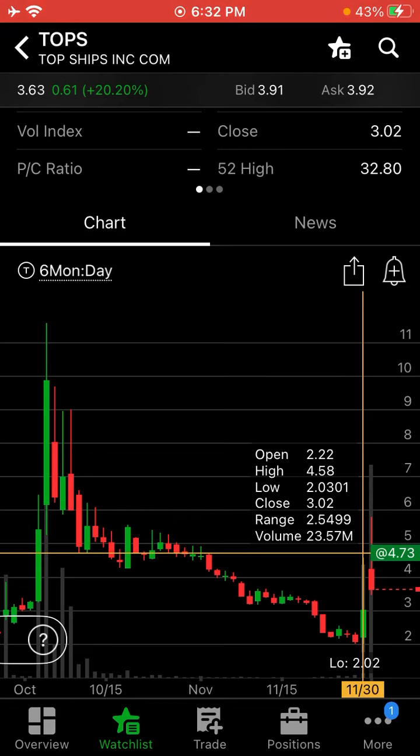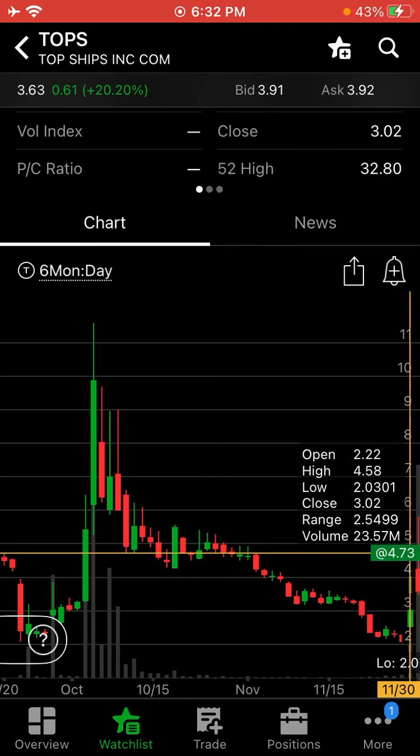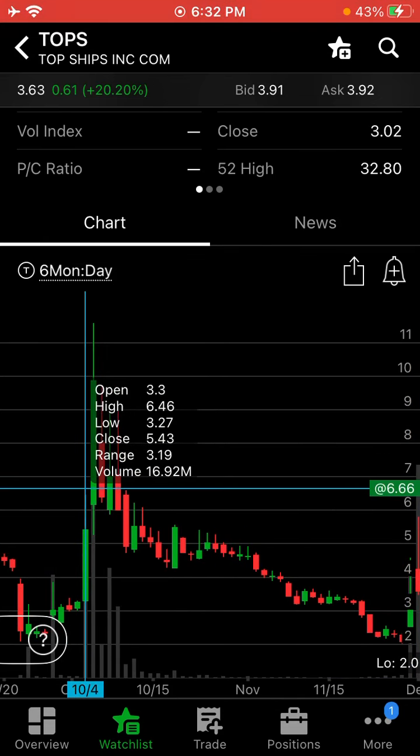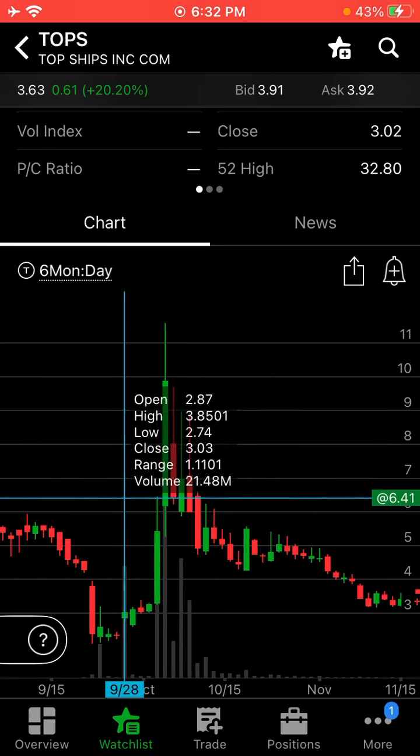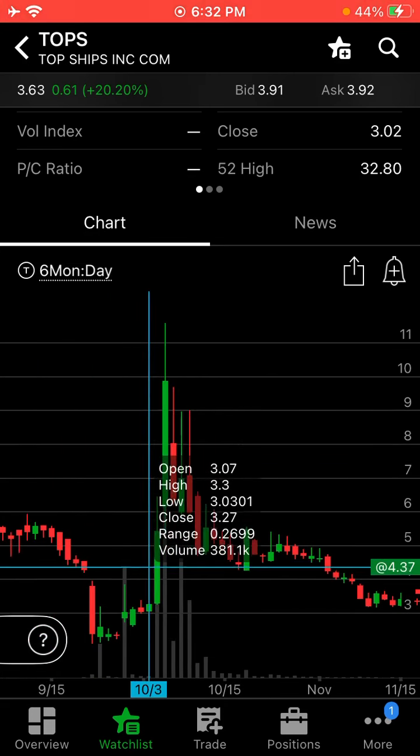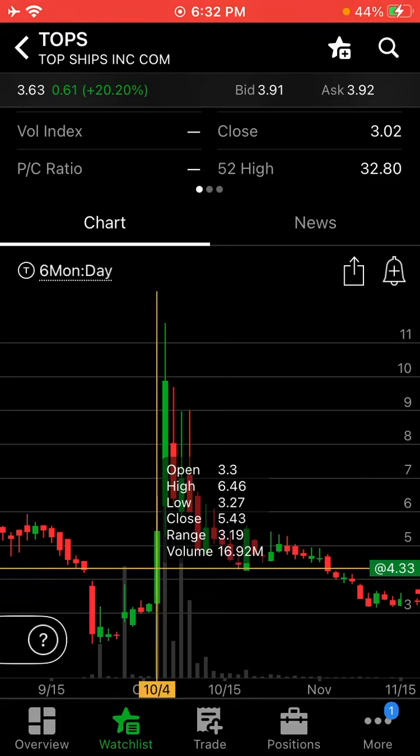Okay? And then earlier when it had its first run, I think the reverse split was somewhere around here. So on 10/4, the float of Tops was also 2.8 million. We see that the volume was almost 17 million.